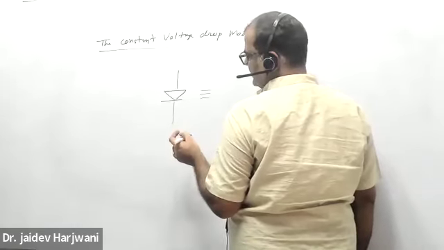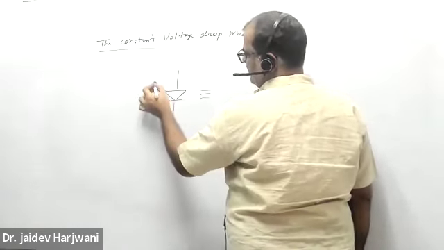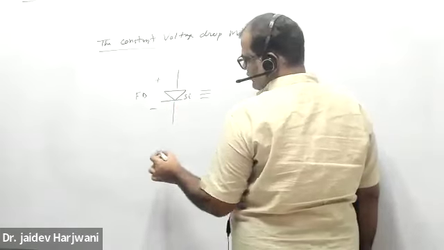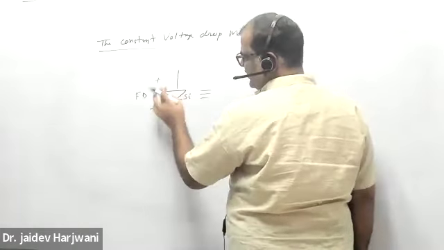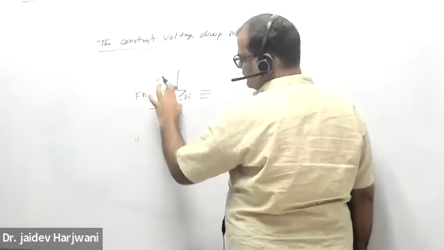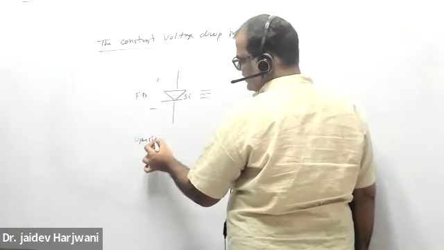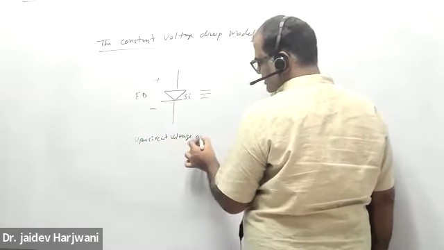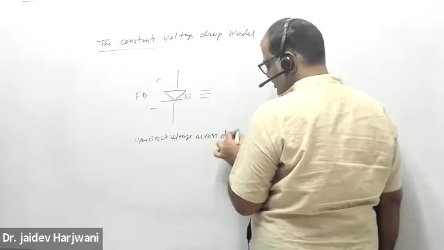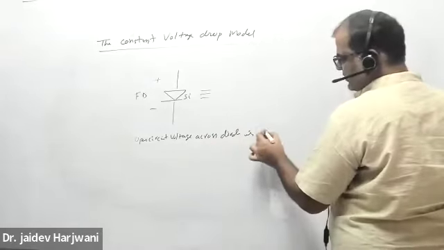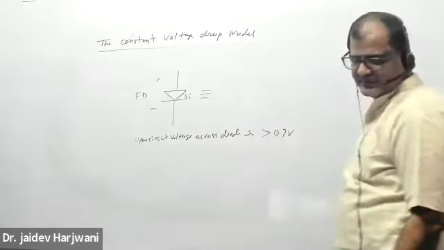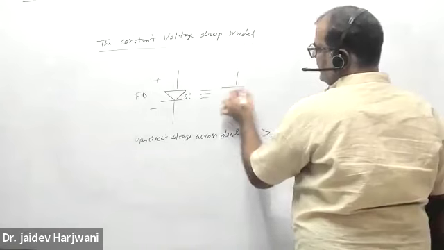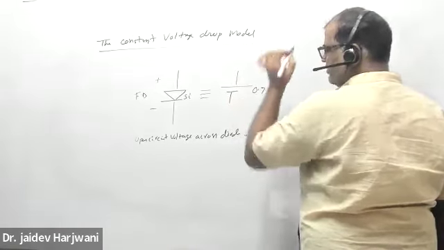The constant voltage drop model says whenever the diode is forward biased, and if it's a silicon diode, and the open circuit voltage across the diode is greater than 0.7 volt, you can replace this diode by a 0.7 volt battery.